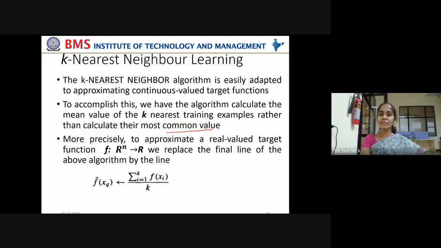But in a continuous value target function, what you do is you calculate the mean value of the k nearest training examples. You calculate the mean average of all the nearest training examples. Say the nearest training examples have some predicted values, right? 32, 34, 36.